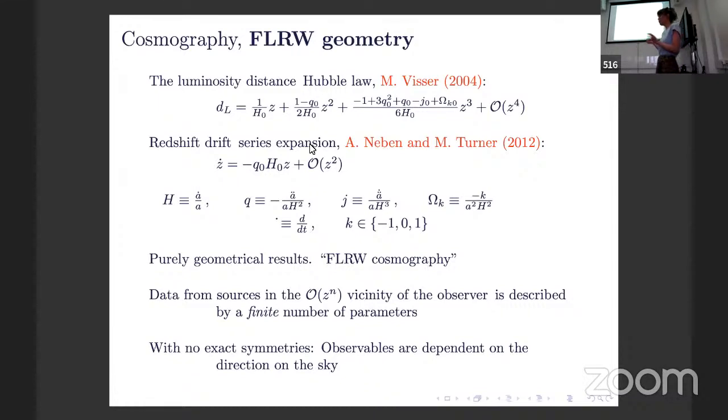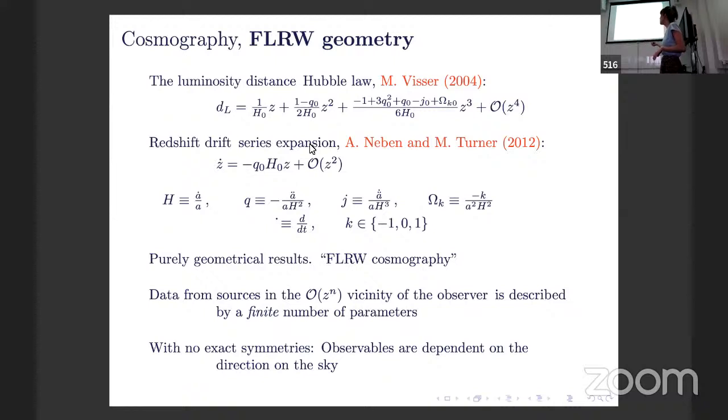These models are characterized by having exact translational and rotational invariance over spatial sections of these models. So they describe a universe where the matter and energy content can be described as a perfectly featureless fluid.